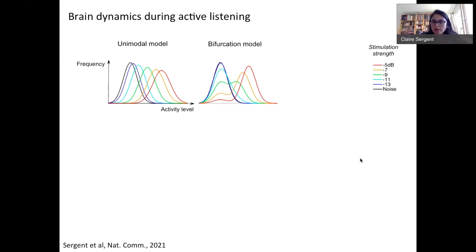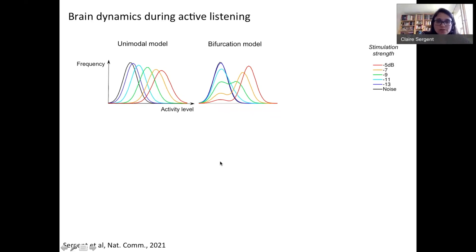Now we can go a bit more into details and look at the distribution of responses. So if you remember, in the unimodal model, we predict that activations will increase around a single mean, possibly with a gradual increase in variability also, which is expected from Poisson dynamics, which is a very general phenomenon.